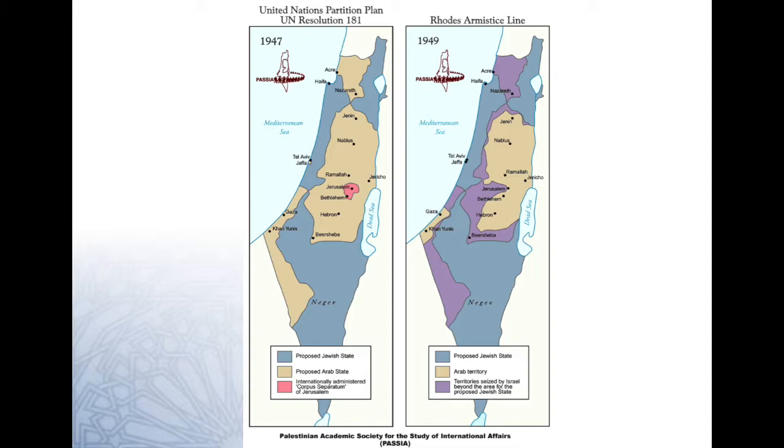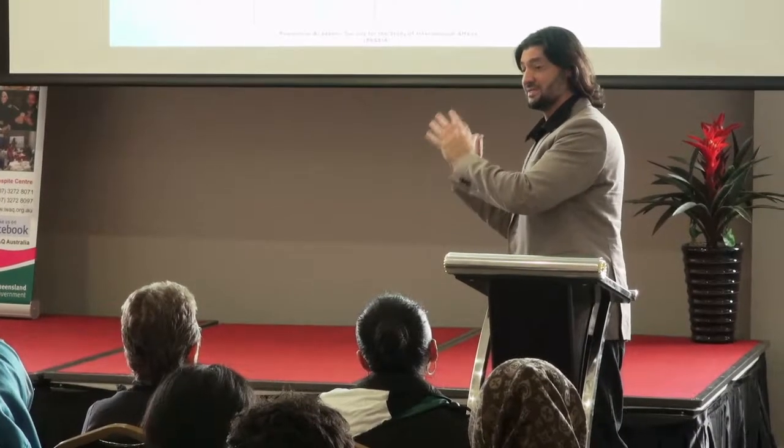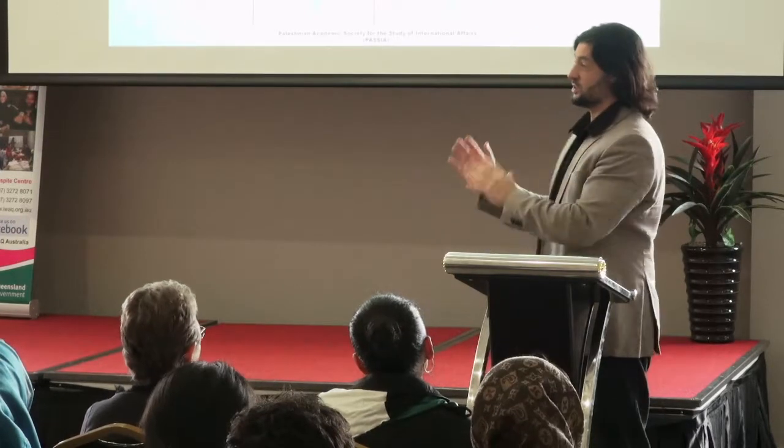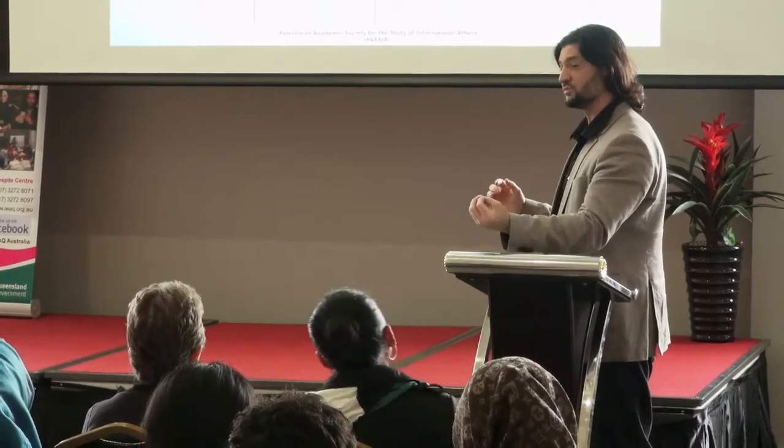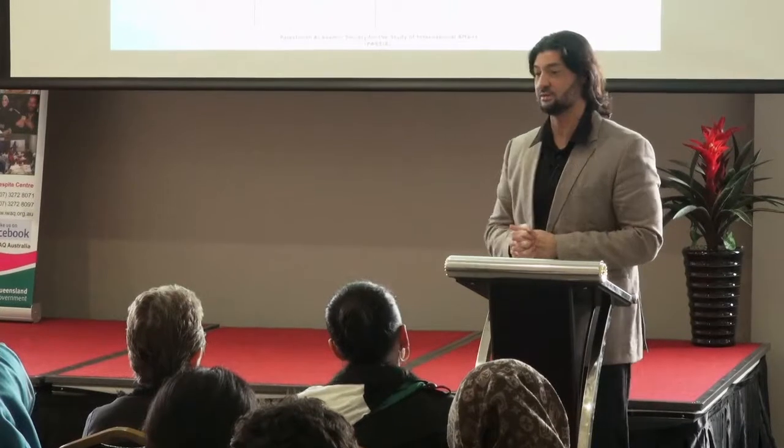And that is a consequence of lobbying from Jewish communities in the United States. And so, given that background, it shouldn't come as a surprise that the better areas, the parts of the country with the better infrastructure, would be part of that Jewish state.